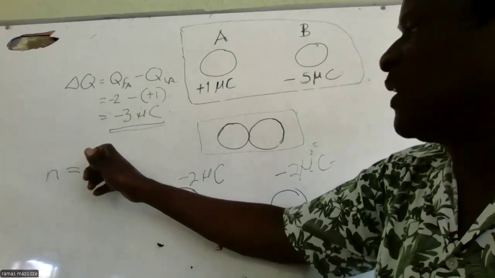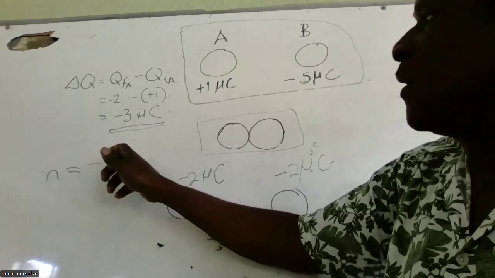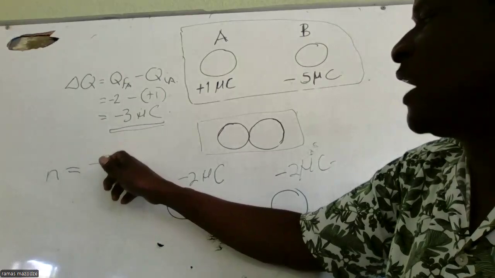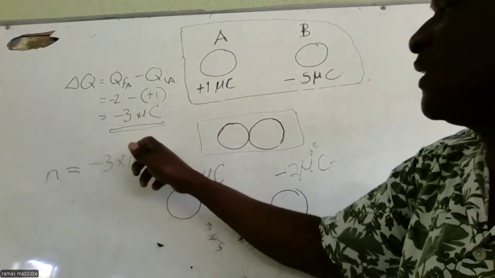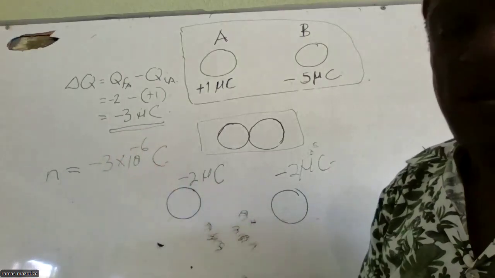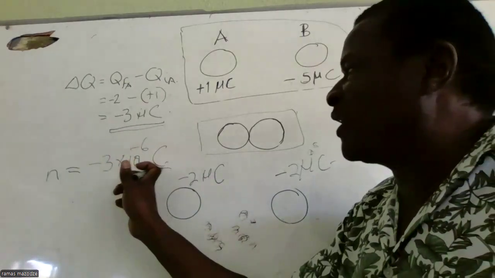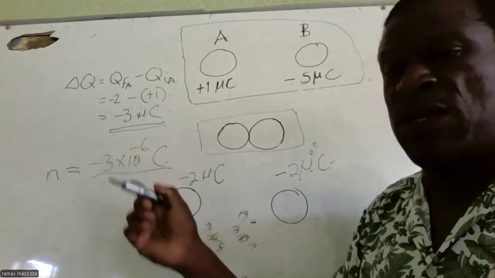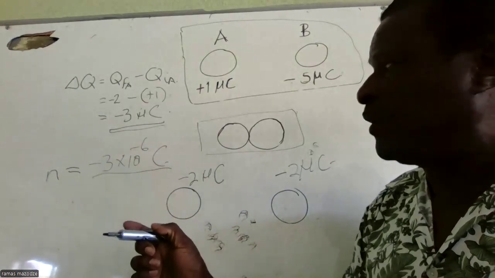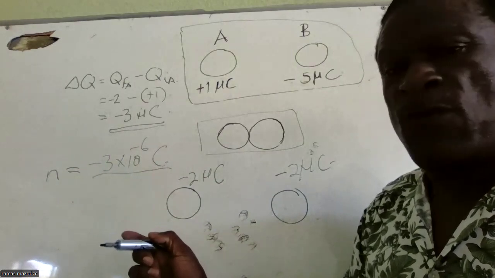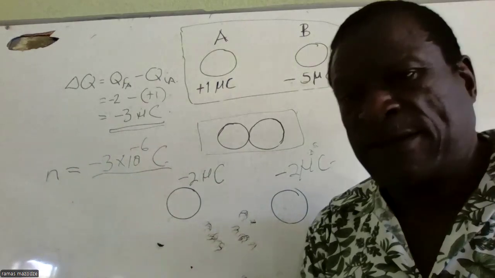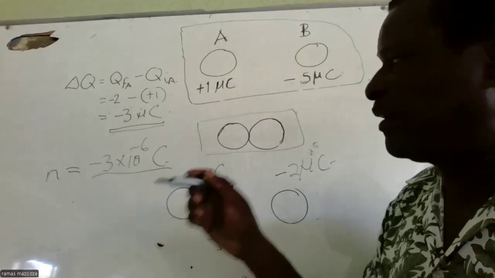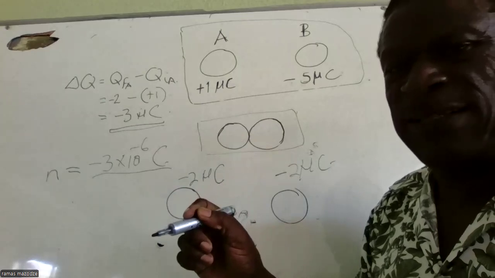If it is plus, just divide by the charge on the electron without the sign. So that would be, in this case, minus 3 microcoulombs, which is times 10 to the power minus 6 coulombs. Then you divide by the elementary charge on an electron. This is also based on the law of charge quantization, that every charge in the universe consists of the basic elementary charge, the fundamental charge.